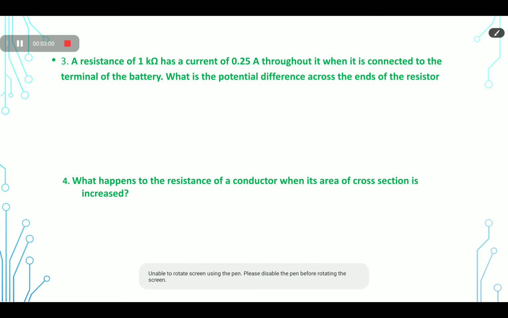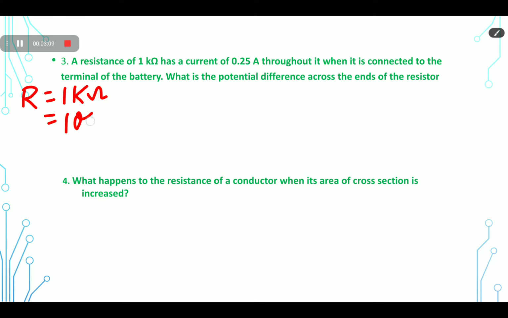Here a resistance of 1 kilo ohm, that is 1000 ohm, has a current of 0.25 ampere. Current is equal to 0.25 ampere. Throughout it, when it is connected to a terminal of the battery, what is the potential difference across the ends of the resistor? We have to find this.